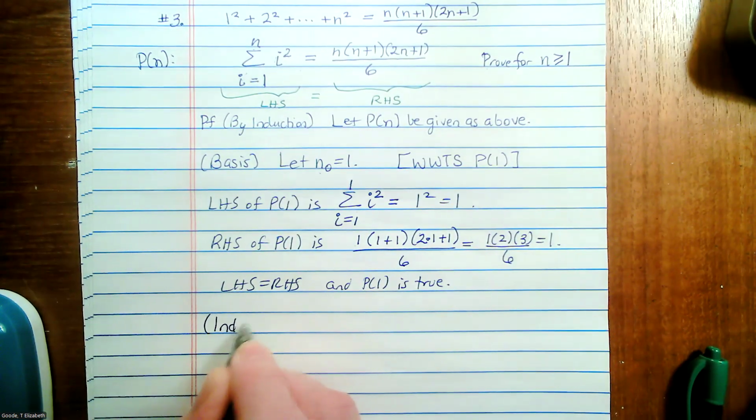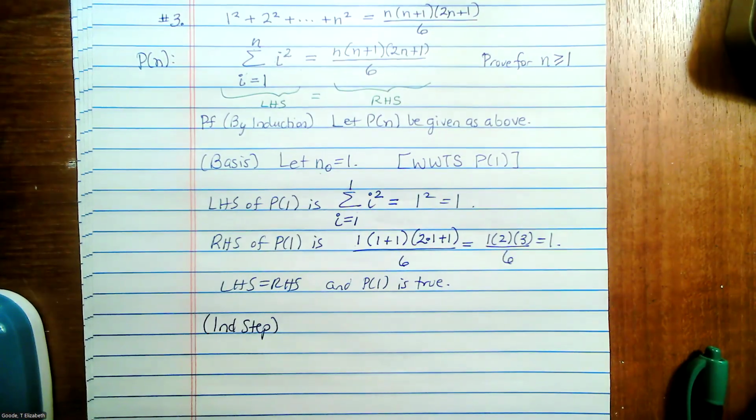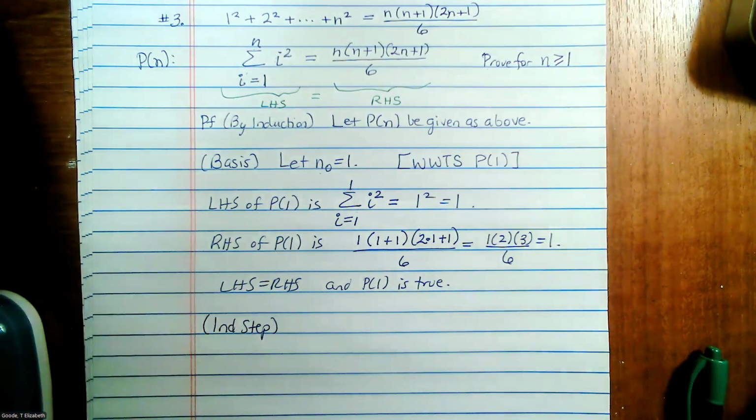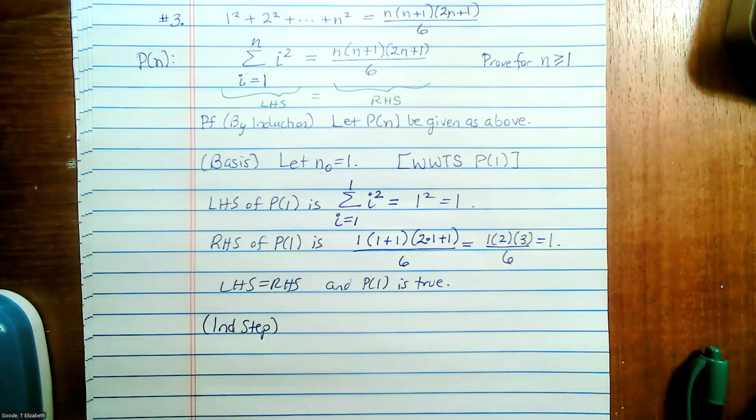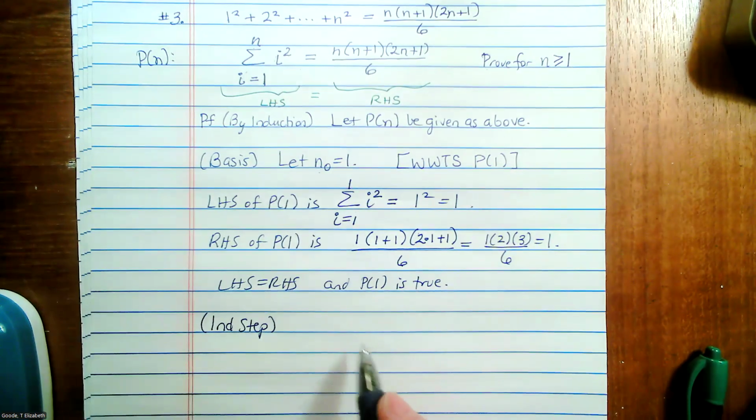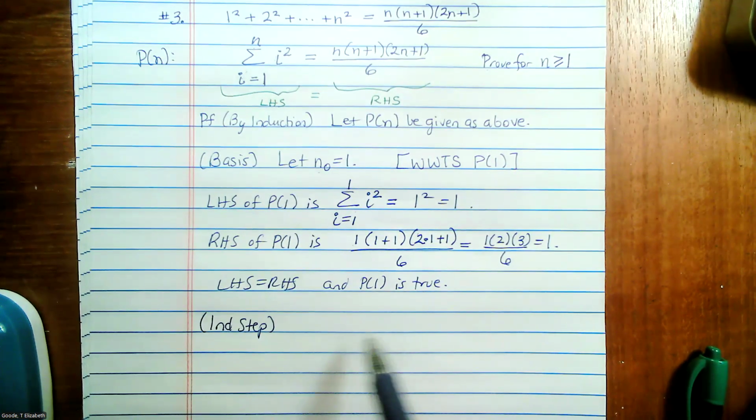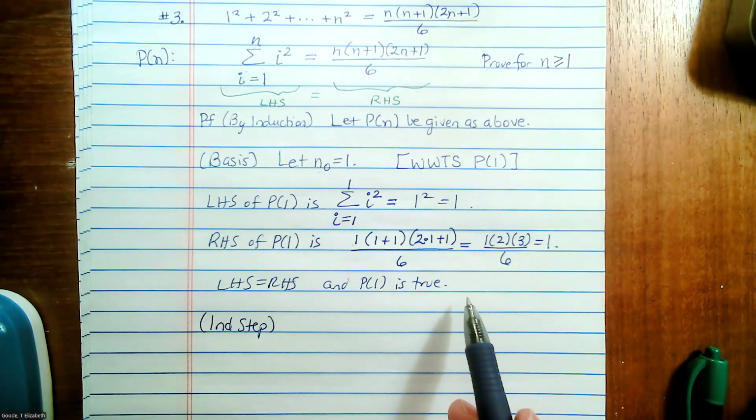Let's look at the inductive step. What is the first thing we need to talk about in our inductive step? Anybody? Would it be P of k? Yep, we want to talk about P of k. And since there's a variable involved, namely k, we tell our reader what k is first.